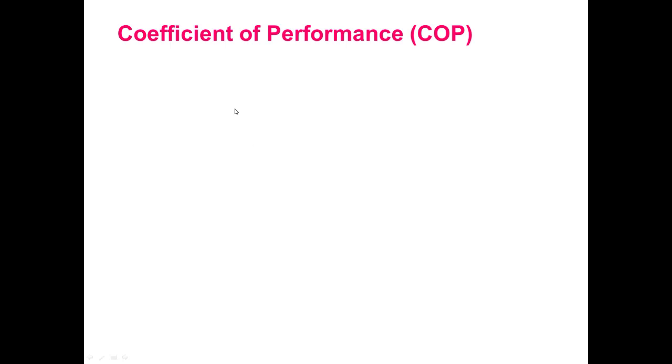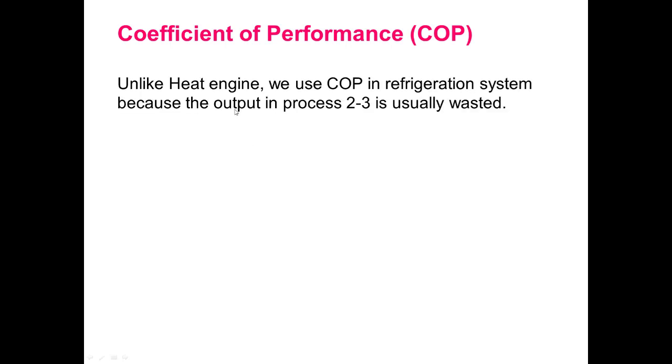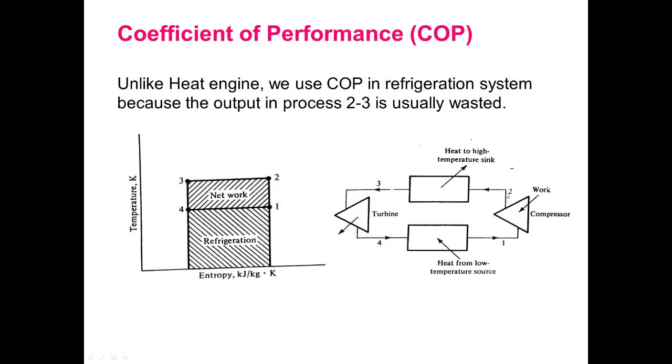Now let's discuss the COP of the Carnot cycle. Unlike the heat engine, where we use the thermal efficiency, here we are going to use the coefficient of performance in the refrigeration system. It is because the output in the process 2 to 3 is usually wasted.